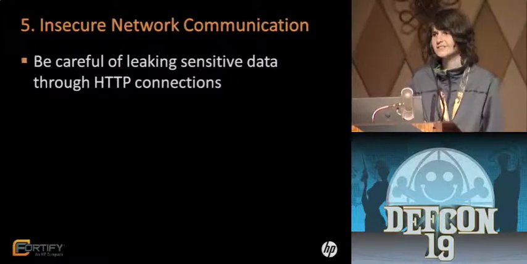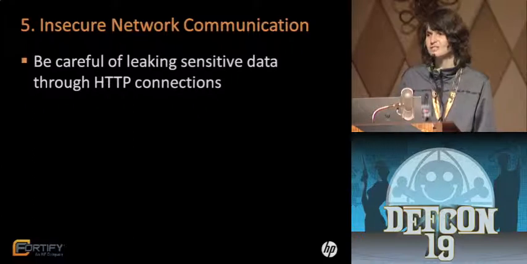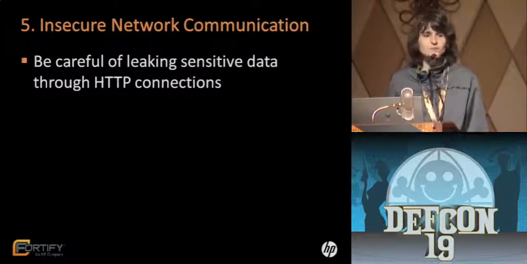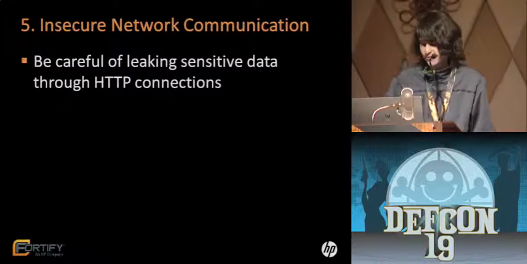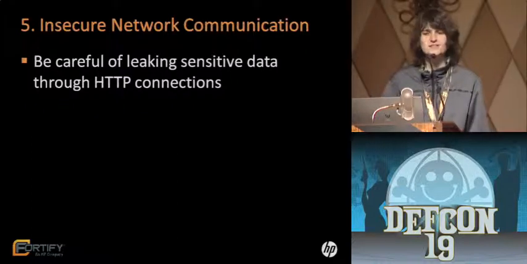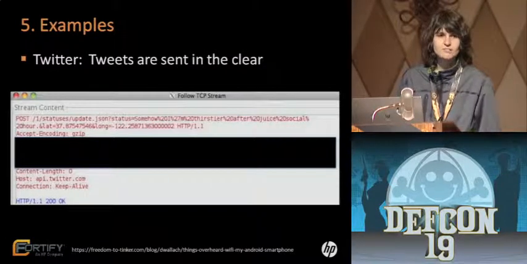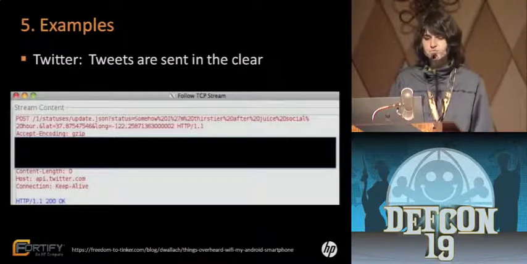This vulnerability existed in regular web applications, and you'd think that we learned some from our mistakes, and we know that sensitive data needs to be sent over HTTPS, but no. Turns out that's not the case, and here are some of the examples. So we use Wireshark to sniff packets coming from the phone.